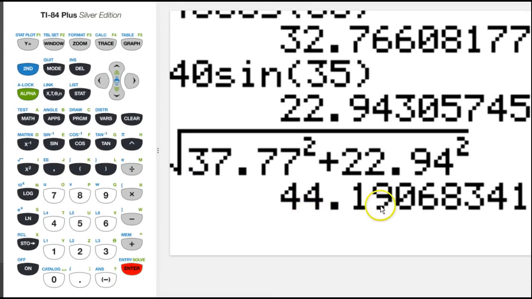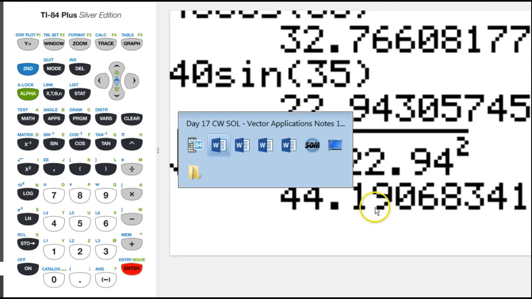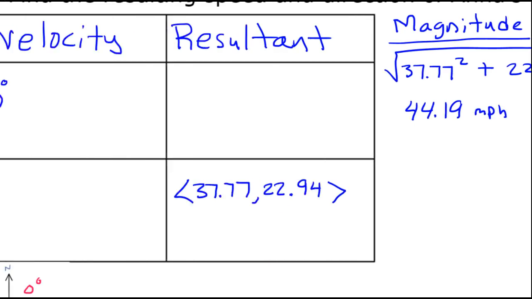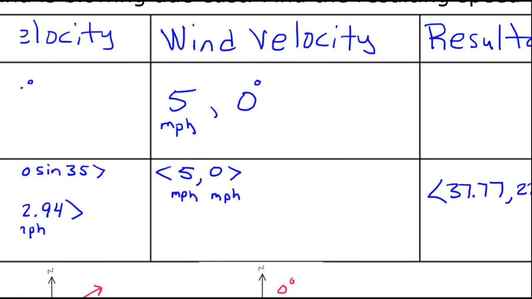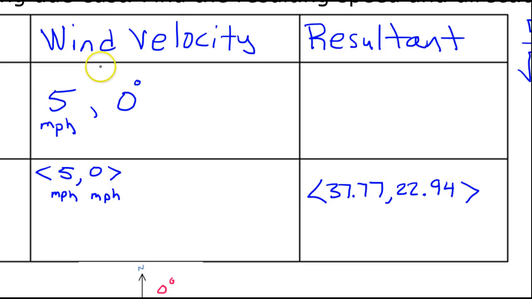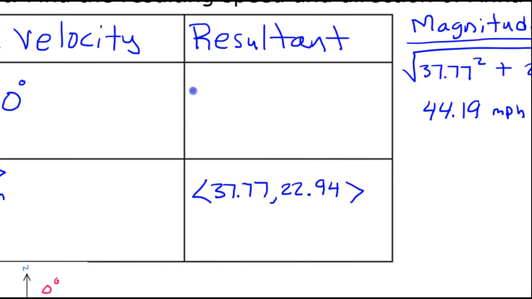That is 44.19 miles per hour. So that is the speed of the ball, the resultant speed of the ball with the wind acting on it. So let's go ahead and write that down as the magnitude of the resultant vector, 44.19 miles per hour.